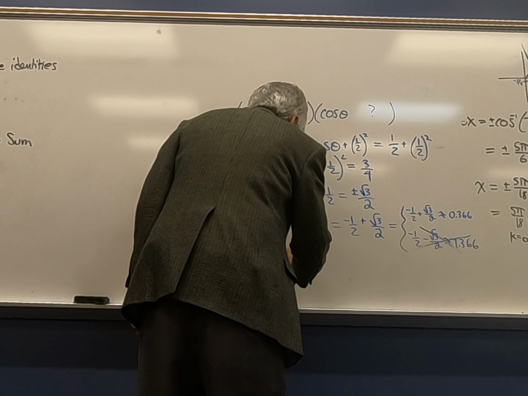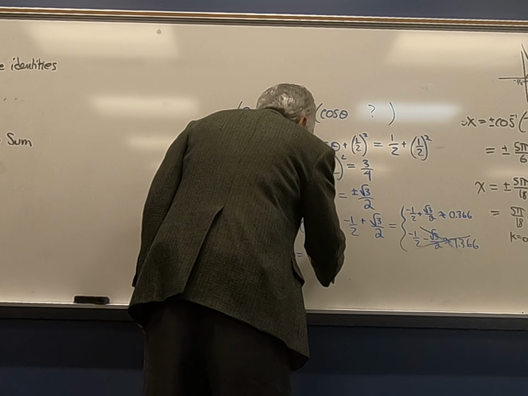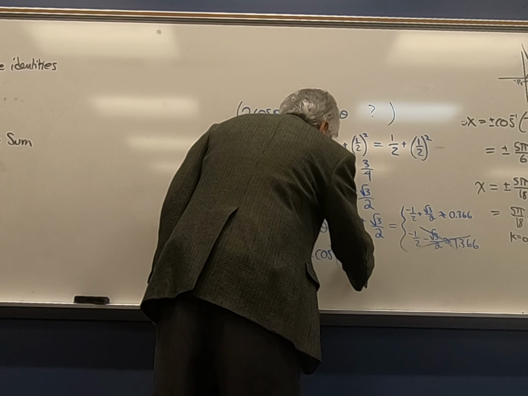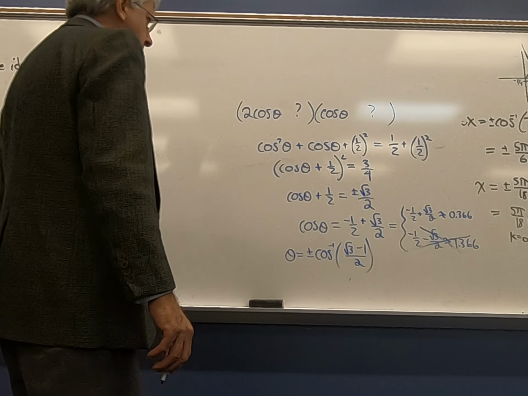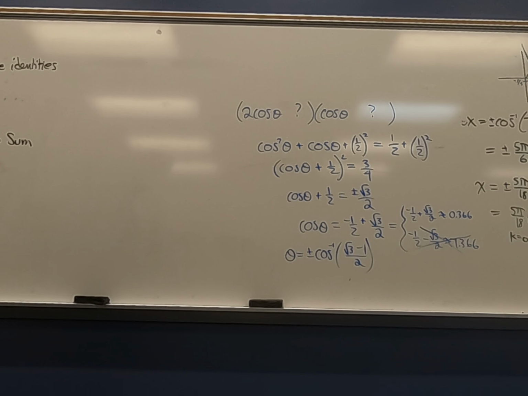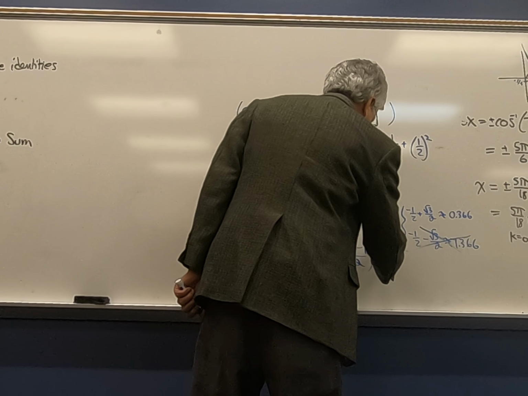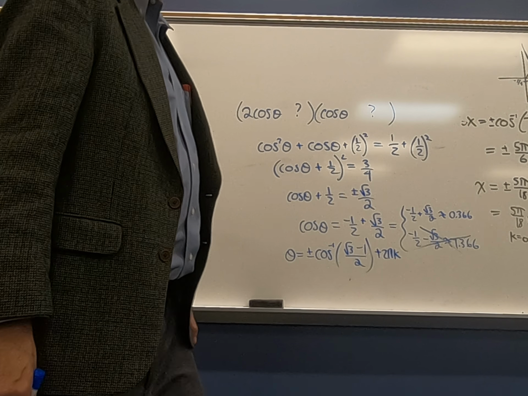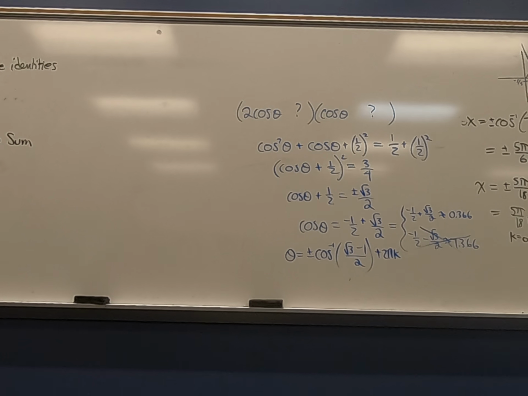So theta is going to be equal to plus or minus the angle whose cosine is square root of 3 minus 1/2, and plus 2 pi k, I guess, if you want all solutions. And what do they say? List your answers separated by commas. We want the ones in the interval, round to 2 decimal places.